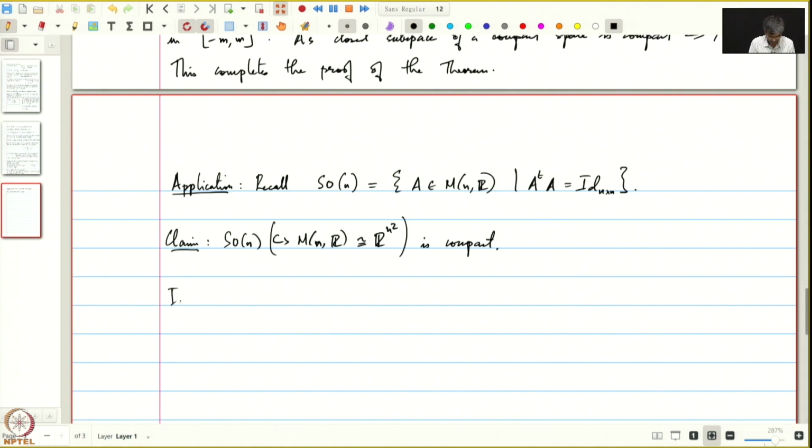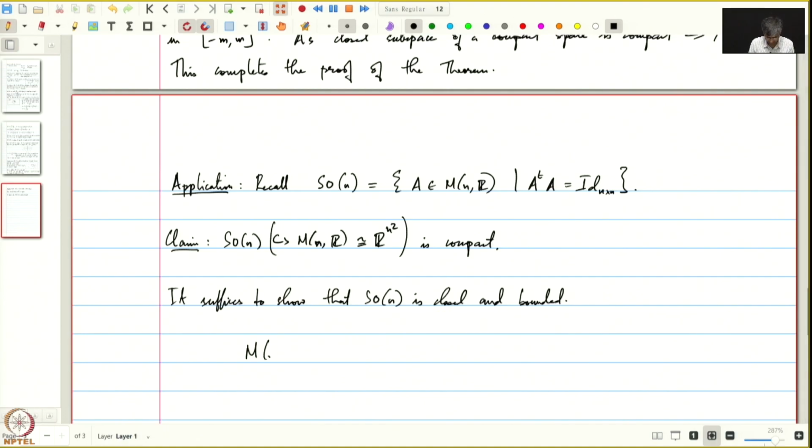So it suffices to show that SO(n) is closed and bounded. Okay. So let's first show that SO(n) is closed.